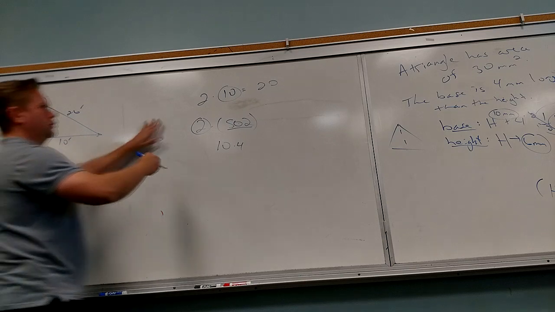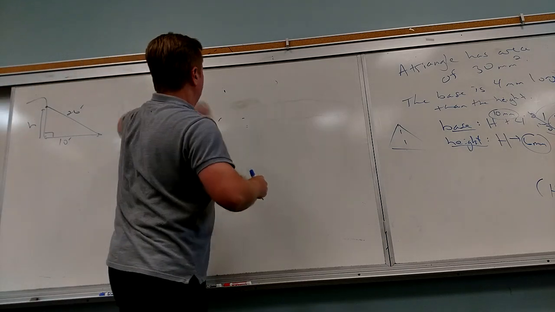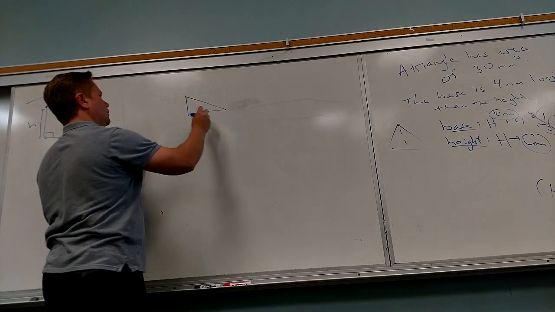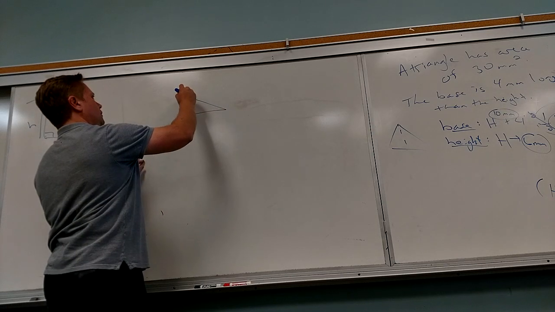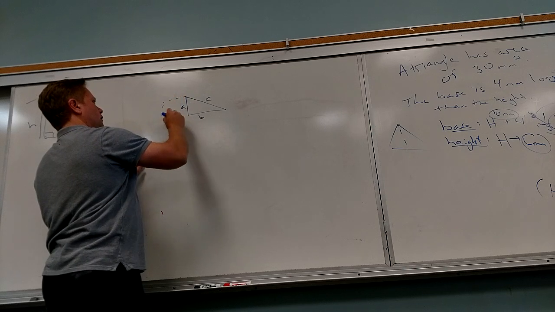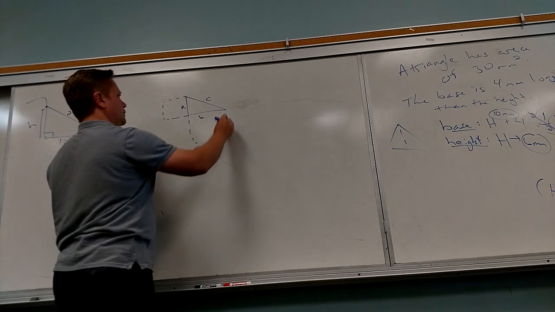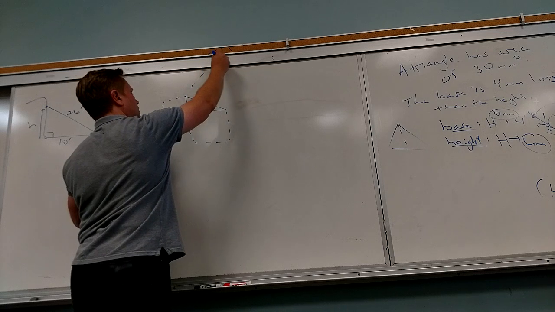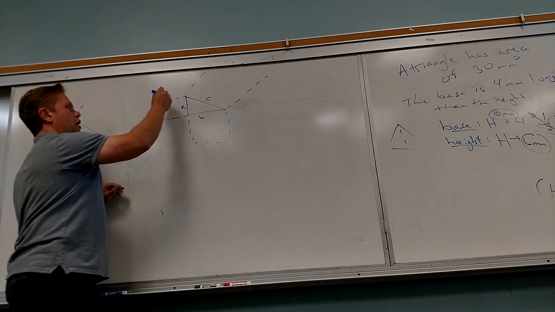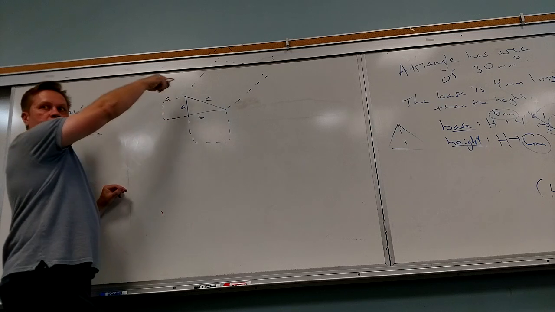So a really cool visualization of that. I don't know if I've done this for you yet. Imagine there's a square coming off the sides of each of these. So this is a square. It's A by A. You guys with me?